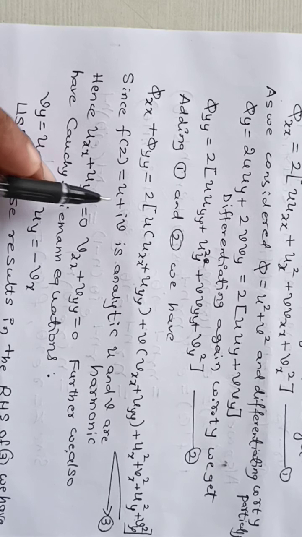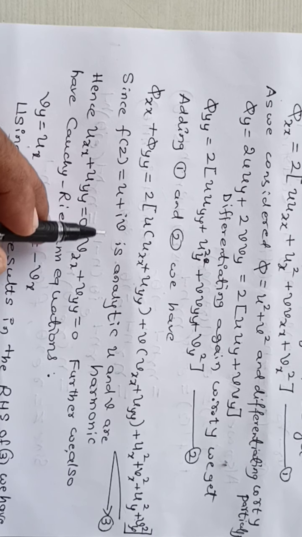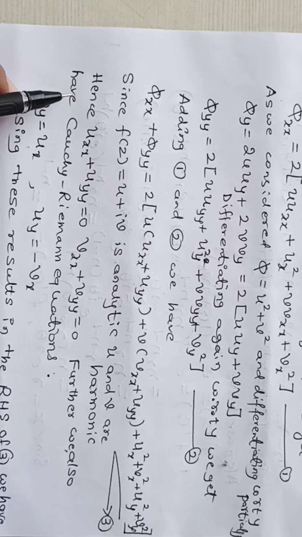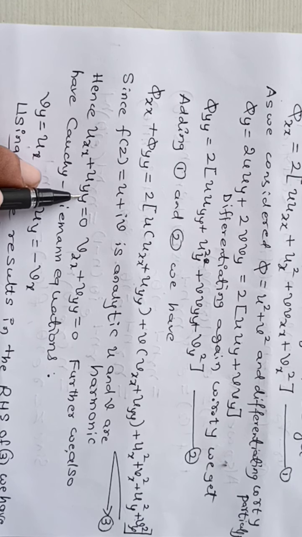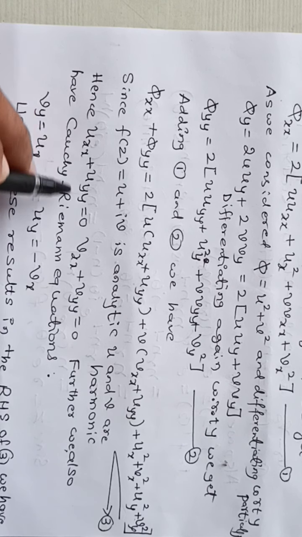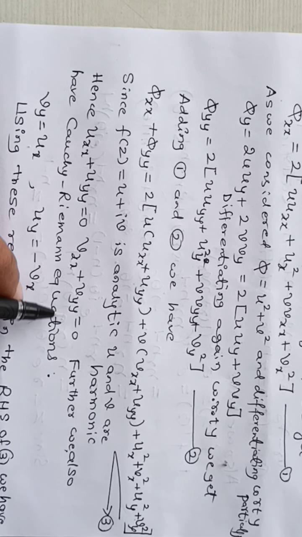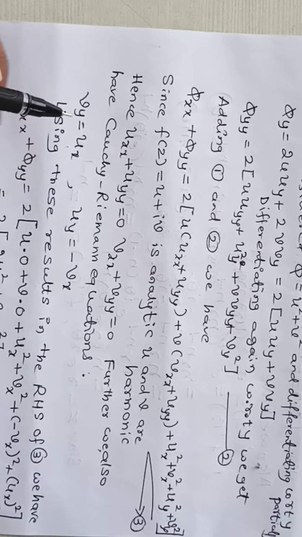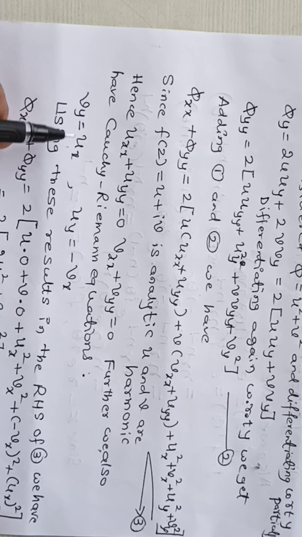Since f(z) = u + iv is analytic, u and v are harmonic. Hence uxx + uyy = 0 and vxx + vyy = 0. Further, we also have the Cauchy-Riemann equations: vy = ux and uy = -vx.